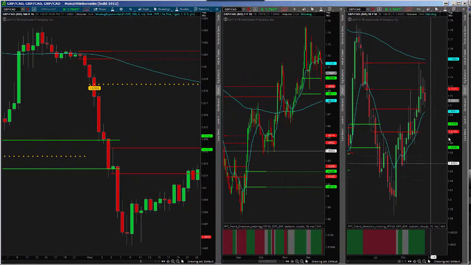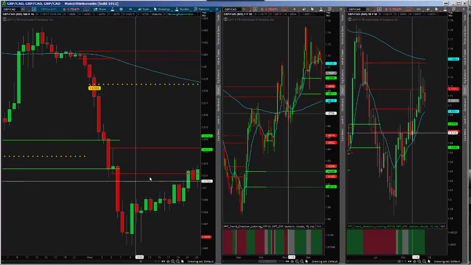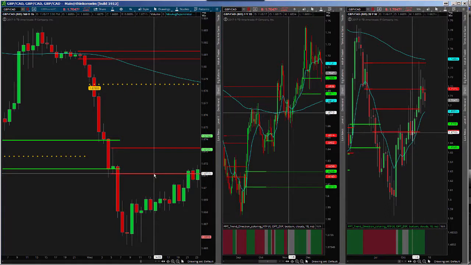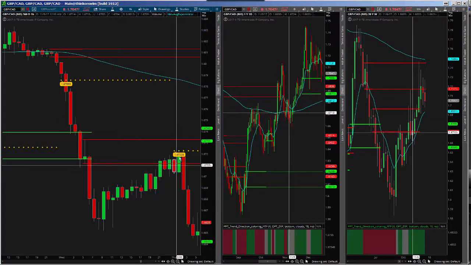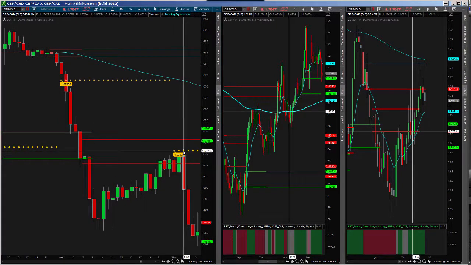Let's see, the weekly zone is 67.19. That is not 2 pips away. Okay, I do have an L24 right there, so I'd be in at 22.